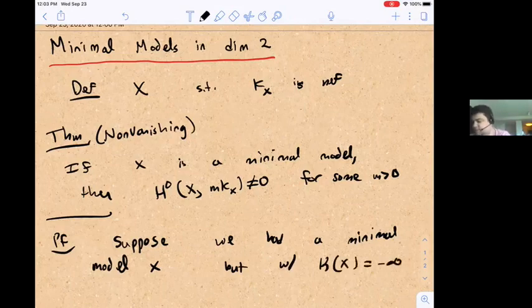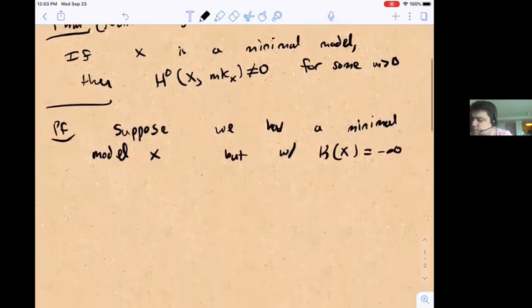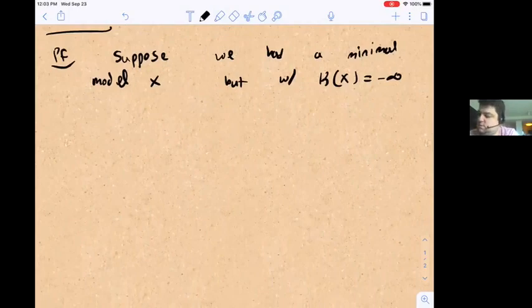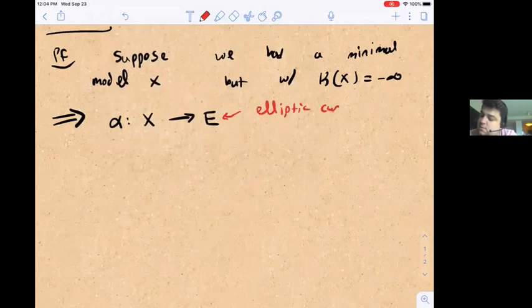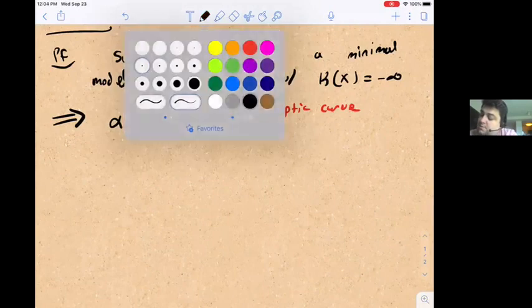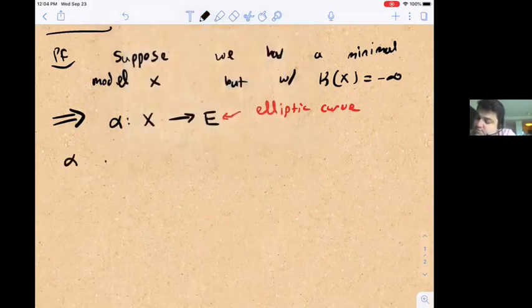Then, after playing around with some inequalities and the Albanese map, what we produced was a morphism alpha from X to an elliptic curve E with the property that alpha is smooth.